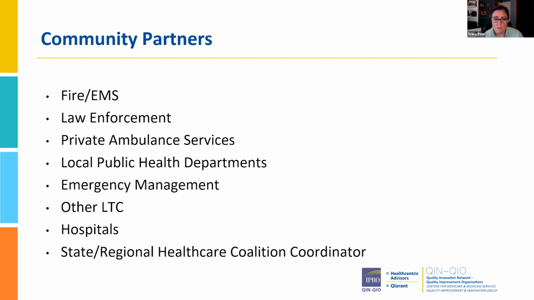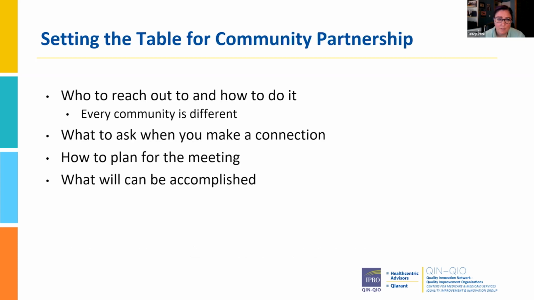Some of them don't, but I'm happy to help you try and make that connection, because when you are in need of resources, this is the group that all know each other. They all know their plans. They plan, train, and exercise together. It's a good connection to make. So again, if that's something you're interested in learning more about, certainly reach out to me and I'll help you figure out who those people are in your area.